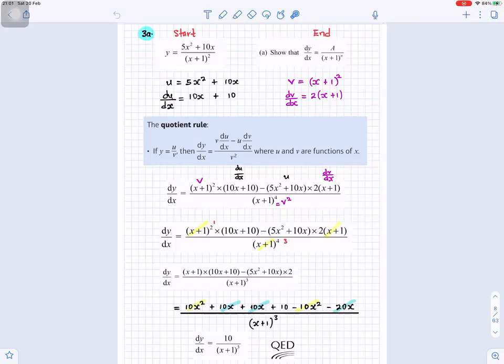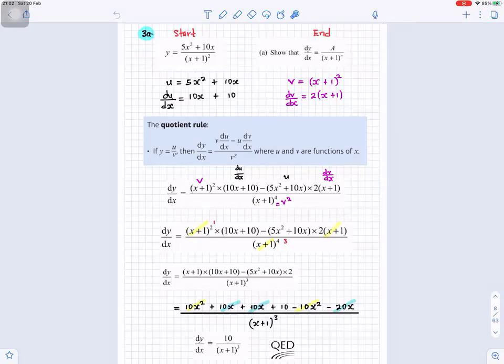And now with a long expression like that, you want to cancel out. If you notice, there's x plus 1 there, x plus 1 there, and x plus 1 at the bottom here. So one of them would cancel. This would cancel, you'll be left with one of them. This would cancel. This would cancel. You go from 4 to 3 of them.